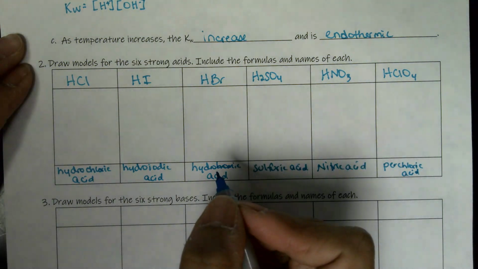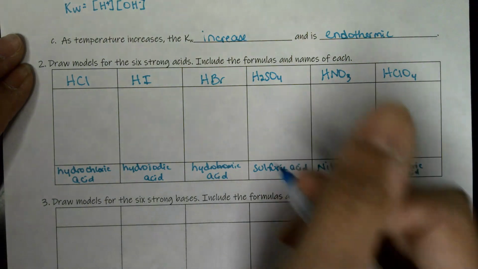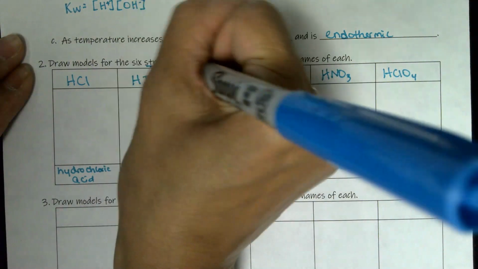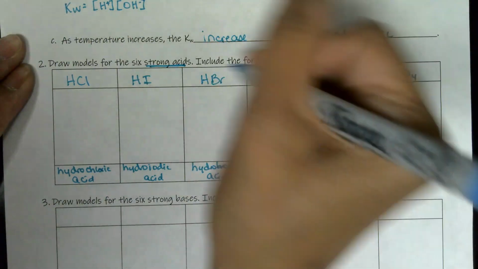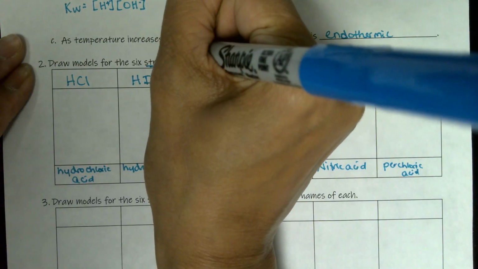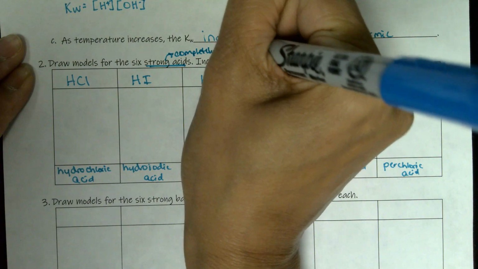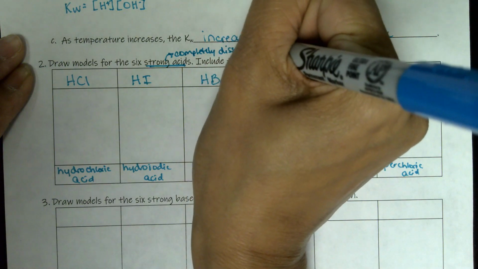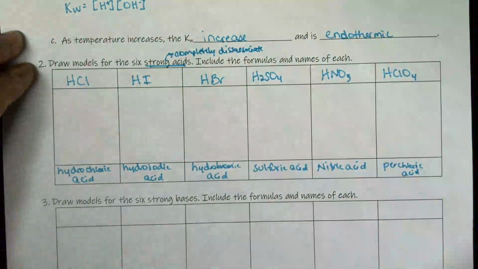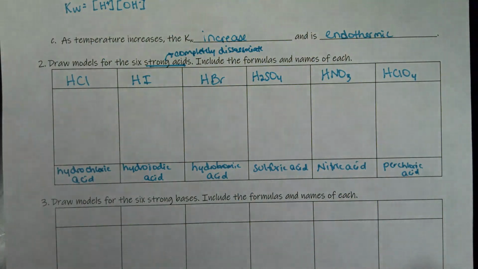If we're going to take a look at what happens, any strong acids are going to completely dissociate. This means that they're going to completely break up into their ions, meaning it's not going to be an equilibrium.